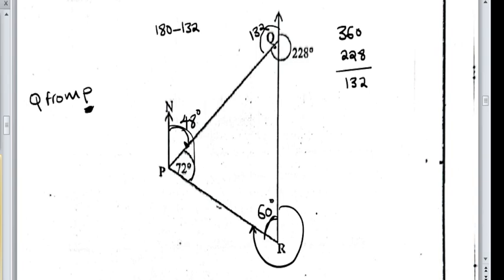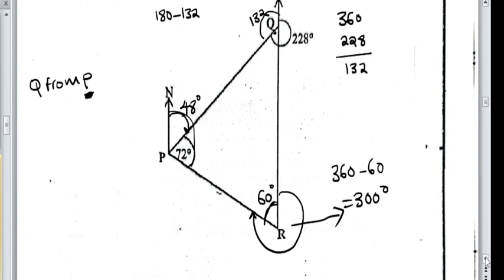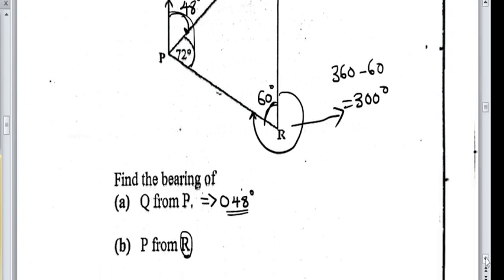Now to find this one, I'll do 360 subtract 60 so that I find 300 degrees. So the bearing of P from R is 300 degrees. This one is already a 3-figure bearing. Okay, that has been dealt with.